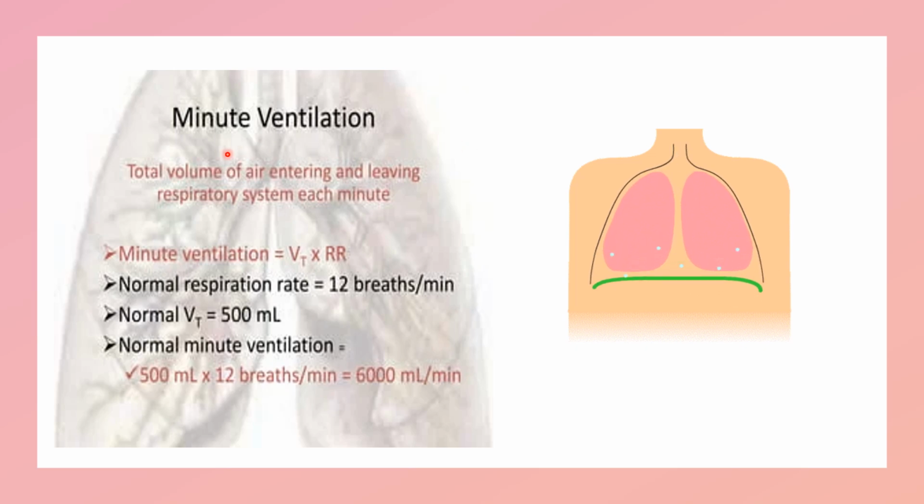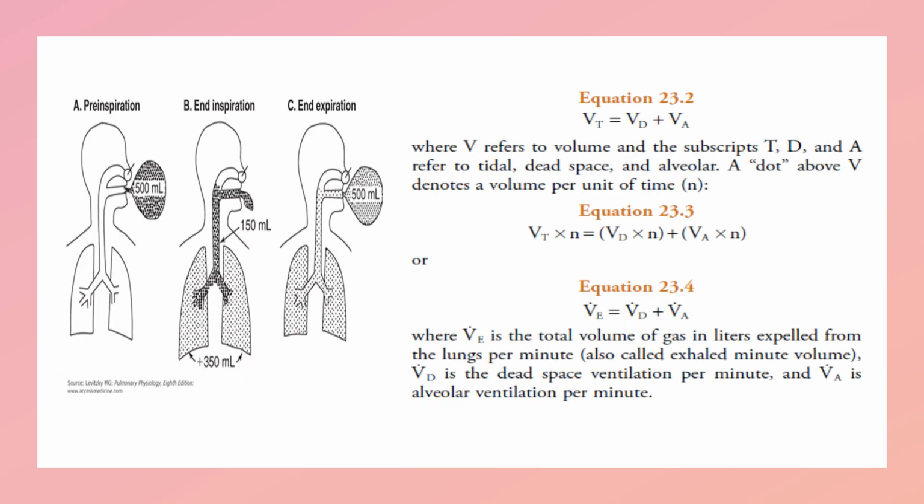Now we want to know about the alveolar ventilation. On the previous slide, we know that in 1 minute, say 6 liters of air is coming in and out. Is the whole 6 liters taking part in the gaseous exchange?